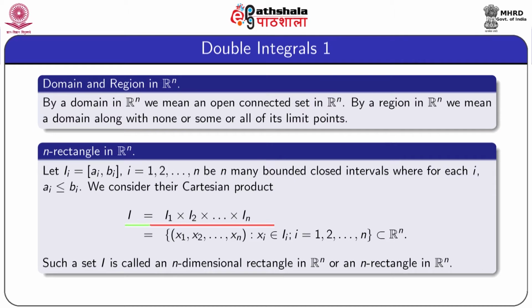Let I be the Cartesian product of I1, I2 up to In in the natural order. That means we consider the collection of all n-tuples (x1, x2, up to xn), where xi comes from the ith interval and i is from 1 to n. Clearly this is a subset of Rn. Such a set I is called an n-dimensional rectangle in Rn, or sometimes we call it an n-rectangle in Rn.